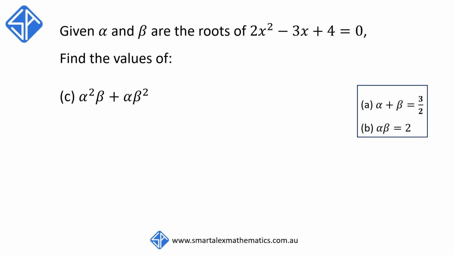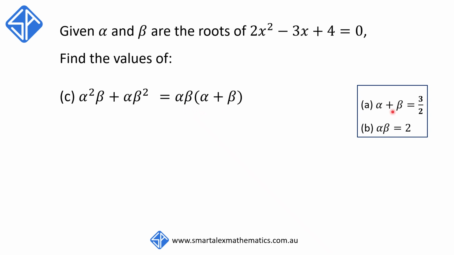Using the same quadratic equation, for part C, we're now interested in finding the value of alpha squared beta plus alpha beta squared. What we can do with this expression is begin by factorizing out the highest common factor, which is alpha beta. So when we factorize this, we're going to get alpha beta out the front times alpha plus beta.